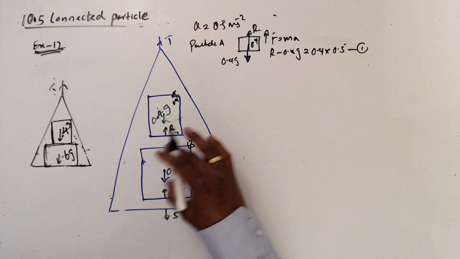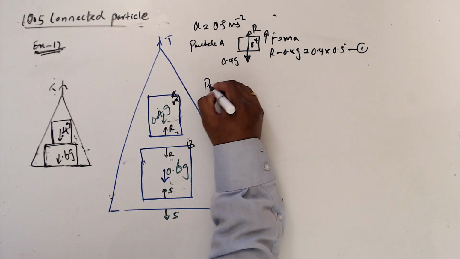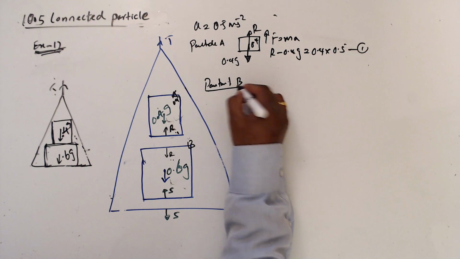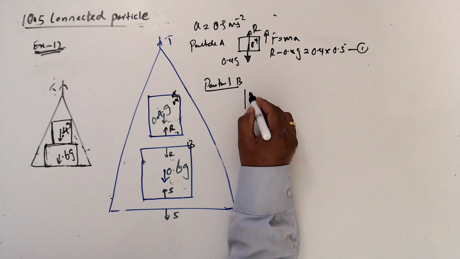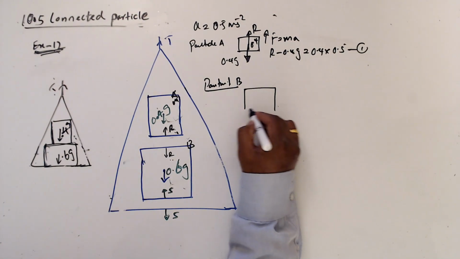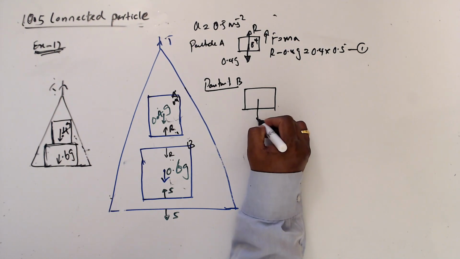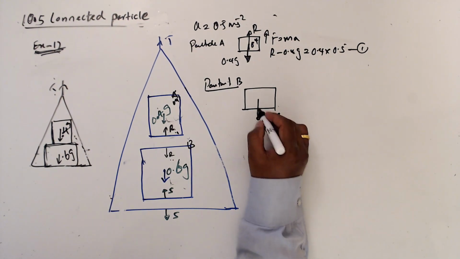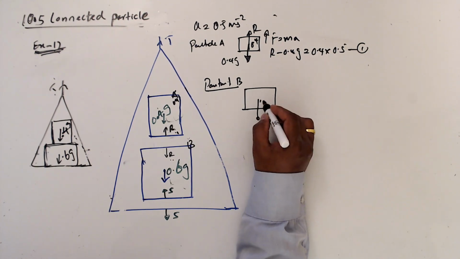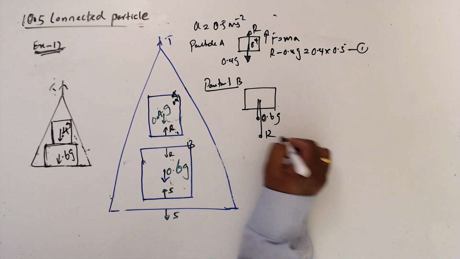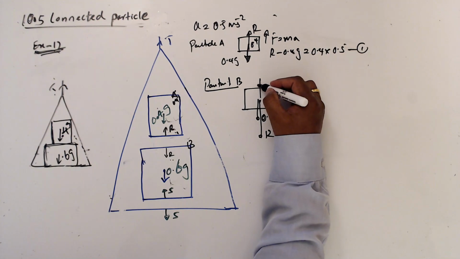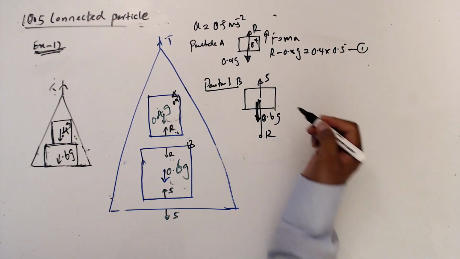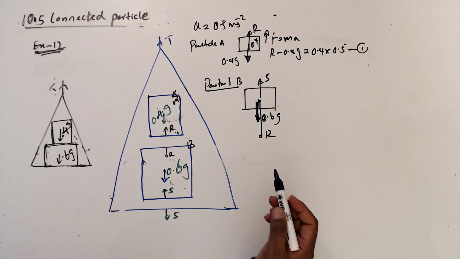Then consider particle B. On particle B you have 0.6 g, you also have R on it, and you also have S on it. The same forces I draw differently.